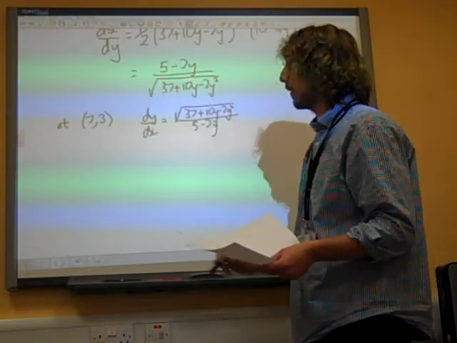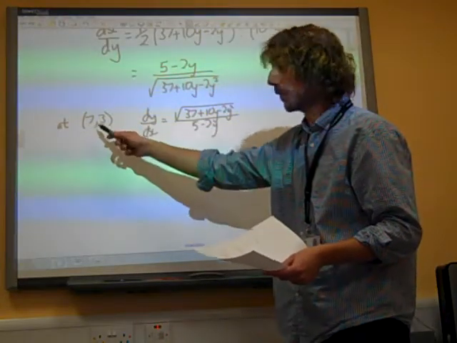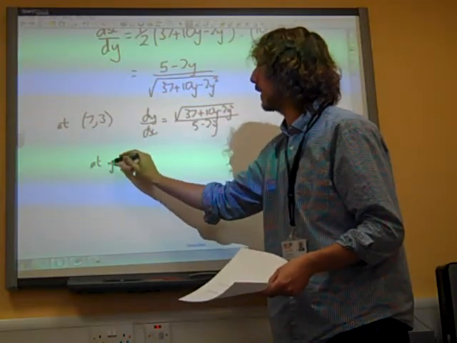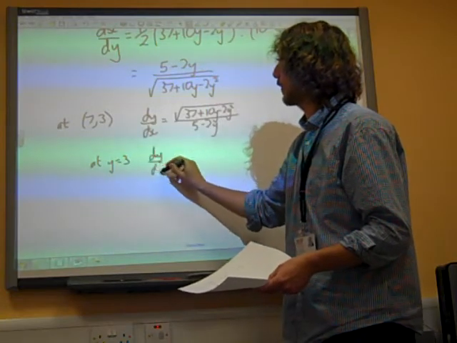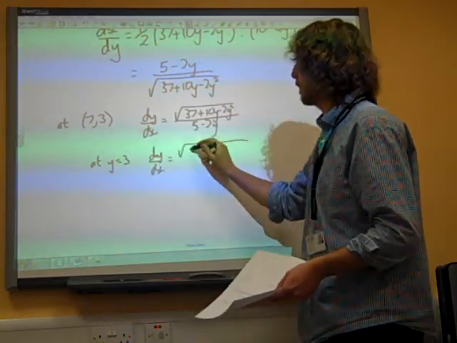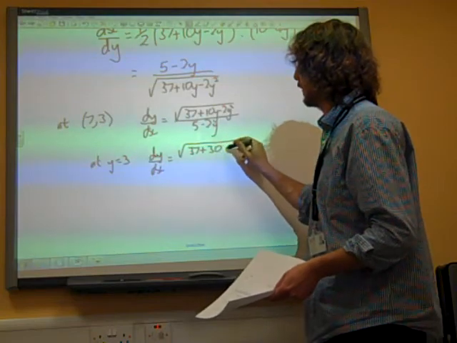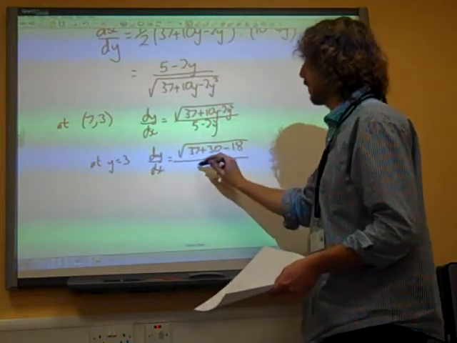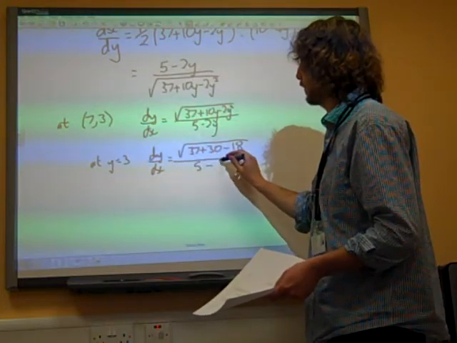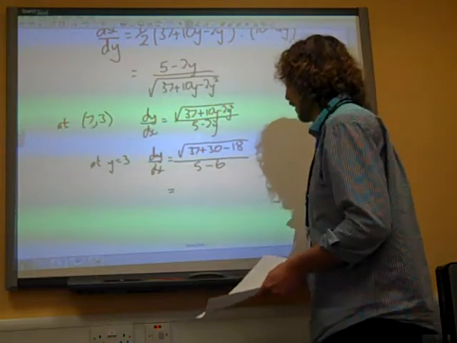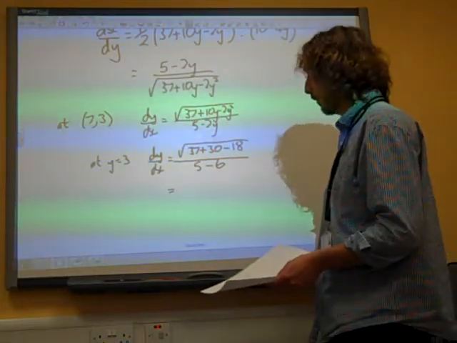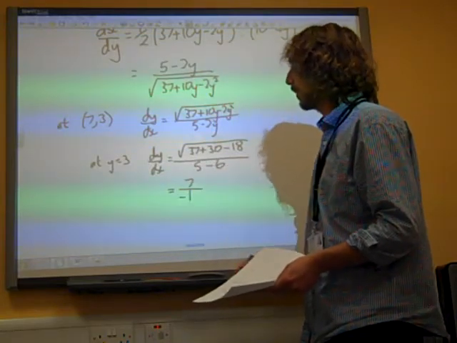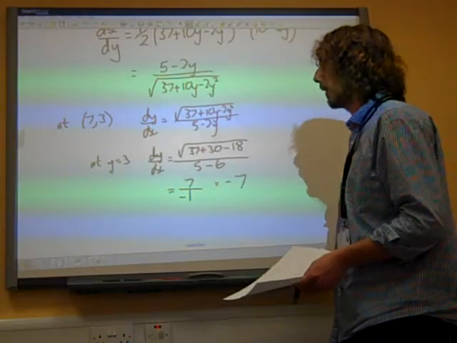We're interested in what happens where x equals 7, but more importantly where y equals 3. So at y equals 3, dy by dx is the square root of 37 plus 30 minus 18, divided by 5 minus 6. In there we've got root 49, so 7 over minus 1. So we've got a gradient of negative 7.